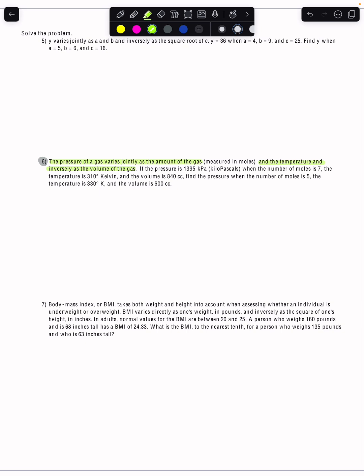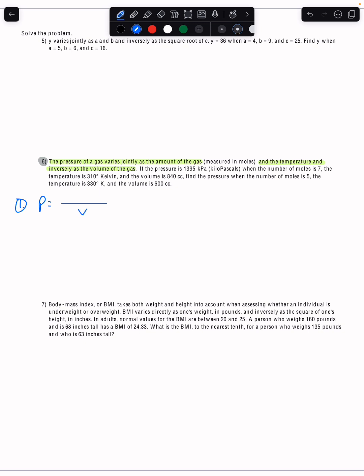So that's a lot, but first things first, if we set up the equation, we'll know where to plug these things in. The pressure varies jointly with the amount of gas and the temperature, and inversely with the volume of gas. So the pressure is what we're solving for.